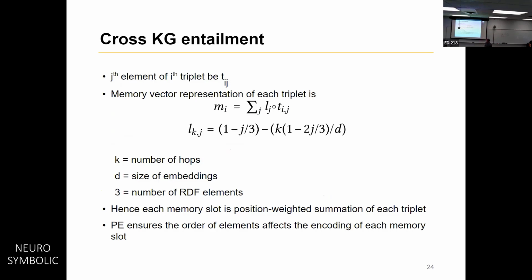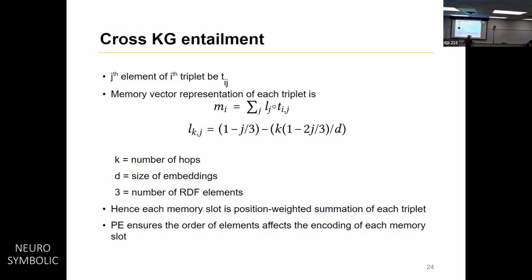When you calculate the position of each element, you have this factor, where j is the element you are calculating the position weight for, k is the number of hops that you are using for this experiment, and 3 is the number of elements in the triplet. This l_k is a column vector.